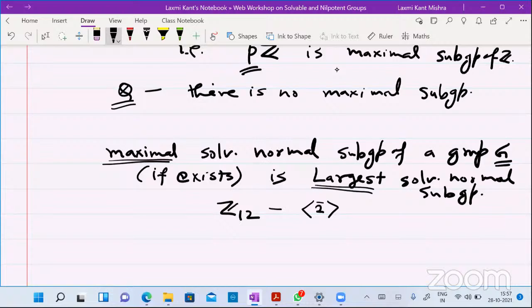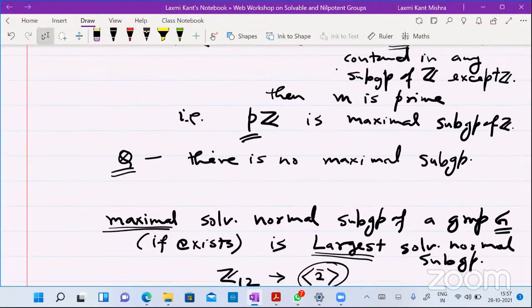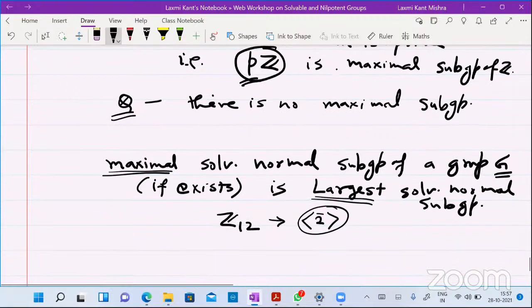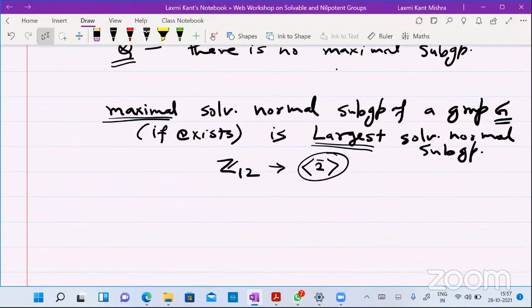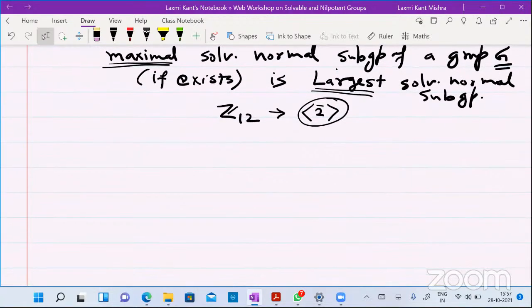So in Z12, the subgroup of order 6 is maximal, and it is also largest. In other examples, you are seeing there are so many maximal subgroups, but I don't know which one is largest.